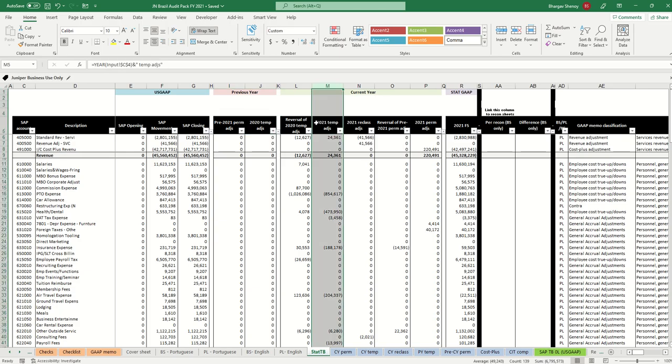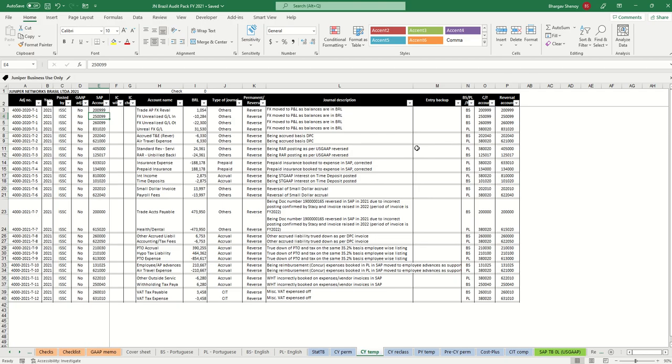So let's look at one example here. Let's take the M column, that is the 2021 temporary adjustment. If I just go into it, I can see that there are certain entries. Like we discussed, prepaid insurance was coded to the P&L in the US GAAP. We have moved it out. So let's take one example and run it end to end.